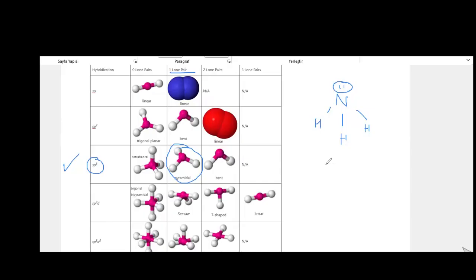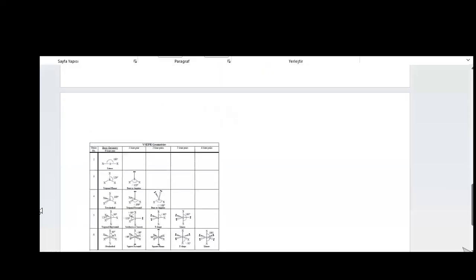That's why it has sp3 hybrid orbitals. Okay? So, in addition to this, if you are asked to find the bond angles between the molecules, you can also check it with the final table.